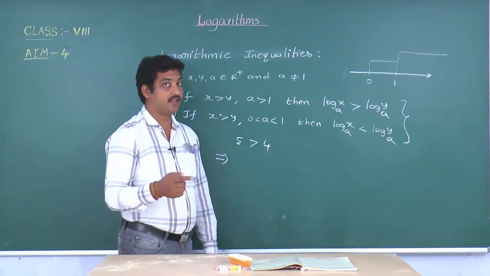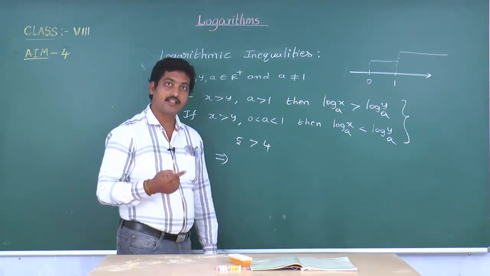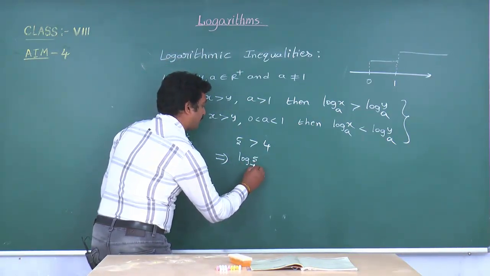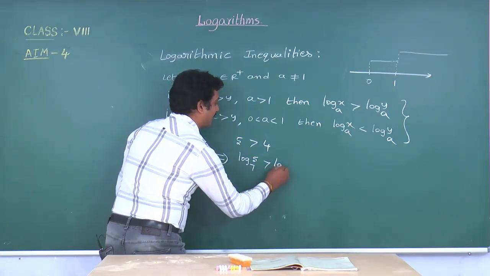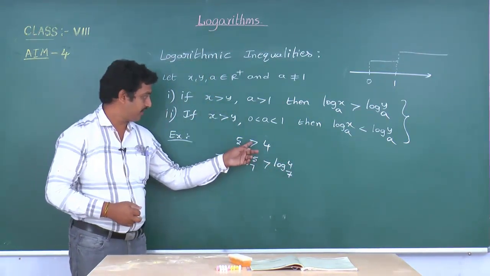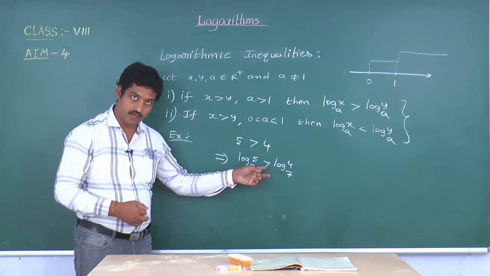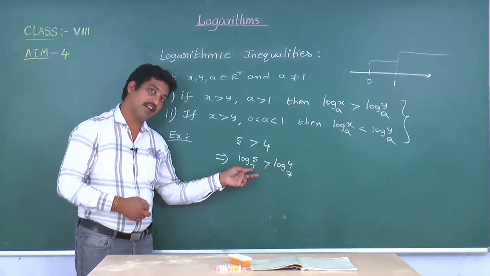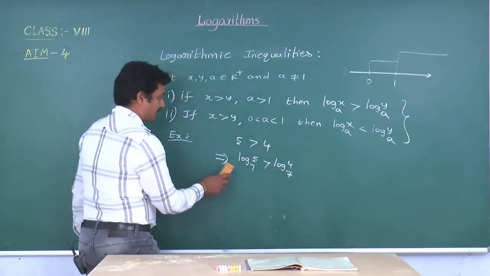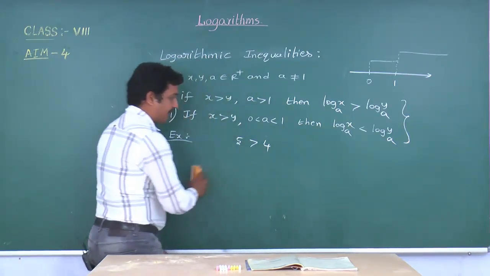Yes, it is carrying the same inequality because I am applying the base 7. Then it becomes log 5 to the base 7 is greater than log 4 to the base 7. What is the reason here? The same inequality carries over here also because this base is greater than 1. That is the reason. Now one more example. 5 is greater than 4.